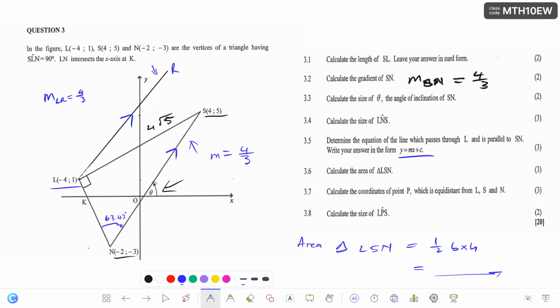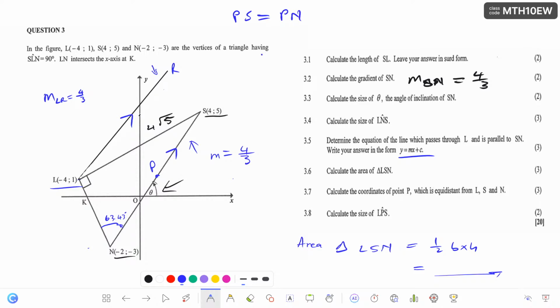Since this triangle is a right angle triangle, you're going to locate your hypotenuse and then take the midpoint of the hypotenuse, and that is going to be your P. Why? Because equidistance is the equal distance. Meaning PS is equal to PN.